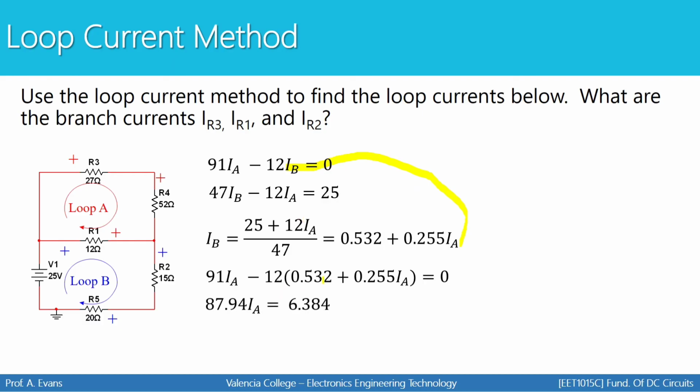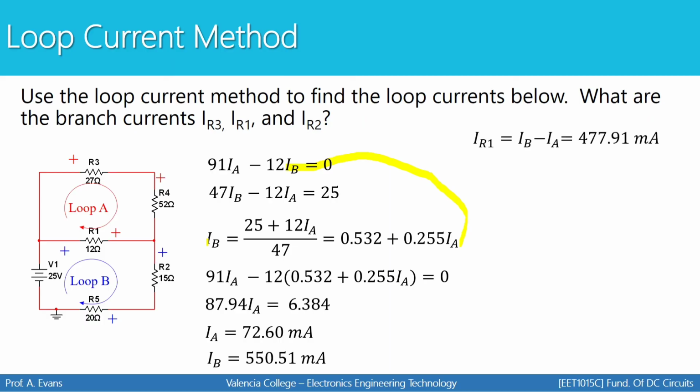And now I have an equation that I can solve for IA. Once I have IA, I can go right back here or here and plug IA into this expression to find IB. And that completes the first part of the problem. So I have the loop currents, IA and IB. Next, we're going to find the branch currents for IR1, IR2, and IR3.